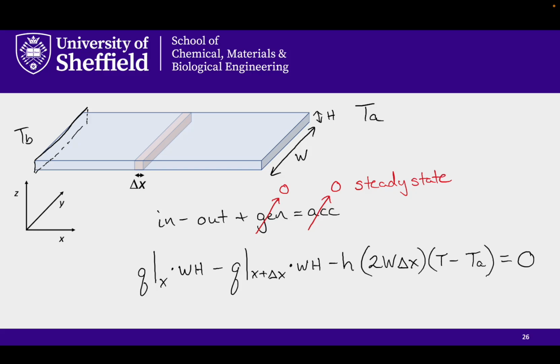Why do we not include those little tiny squares that are in the zx plane? The reason is yes, there is absolutely heat convecting from those tiny squares, but because the fin is considered to be very, very thin in the z direction, the area from which heat is lost on the sides of the fin, the thin sides, is negligible, and so we're just not going to calculate it because it would make our equation more difficult.